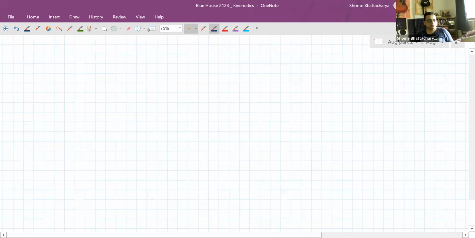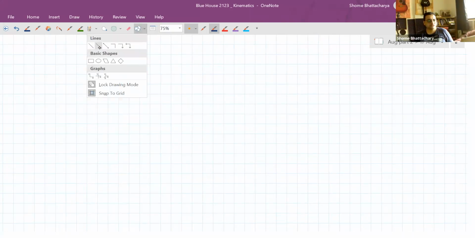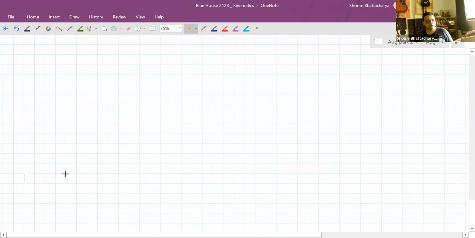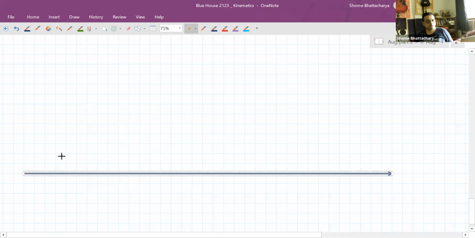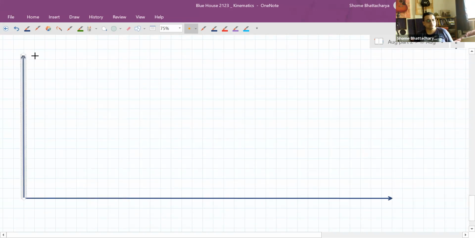So coming back to a visual representation of the projectile motion. So my horizontal axis, my vertical axis, and the point of projection being the origin.